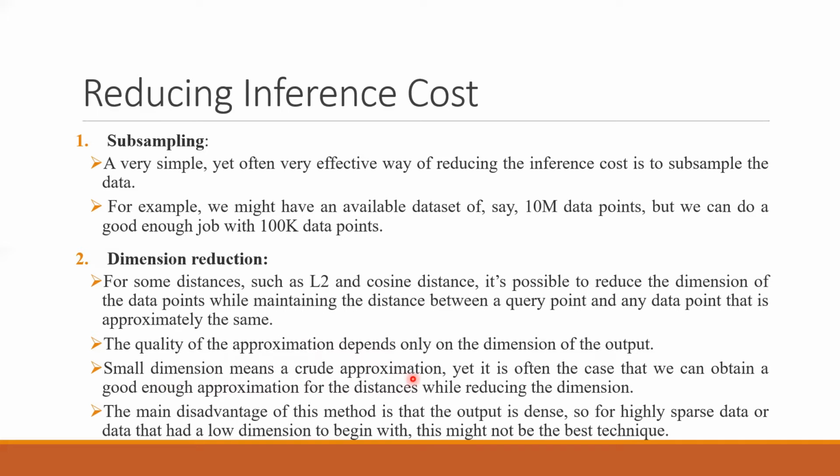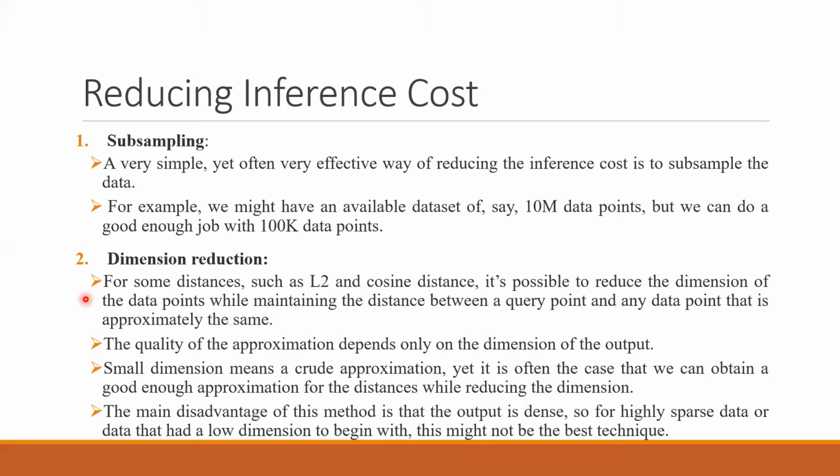Crude approximation means that you will not be very precise, but you can make a kind of approximation for the particular class, and yet it is often the case that we can obtain a good enough approximation for the distances while reducing the dimension.